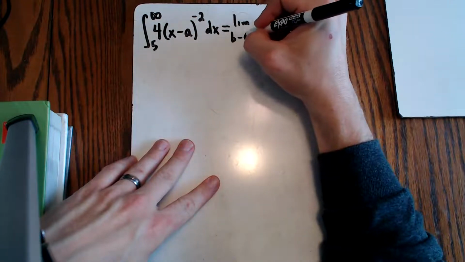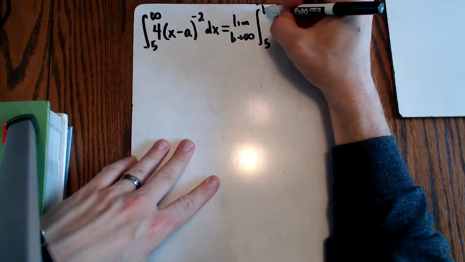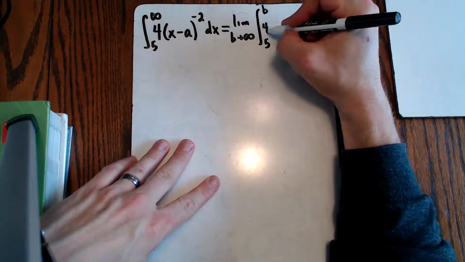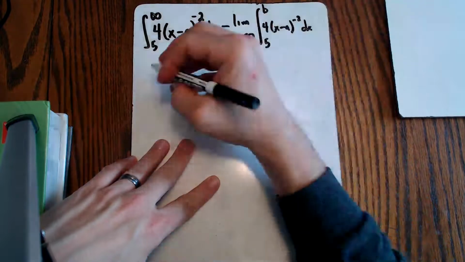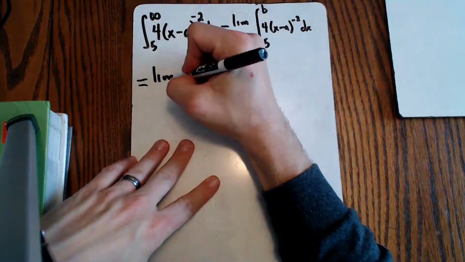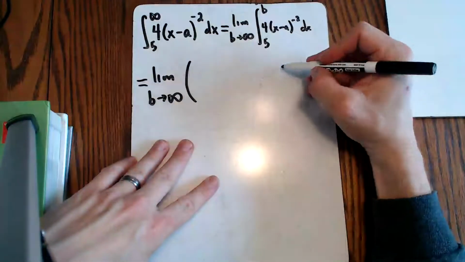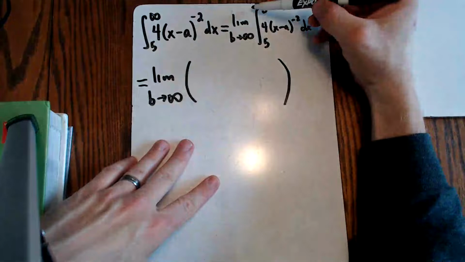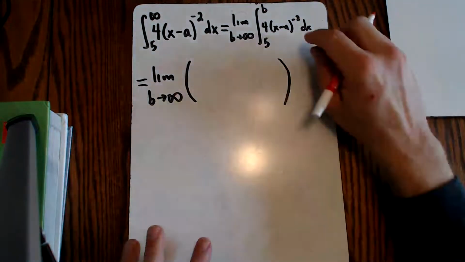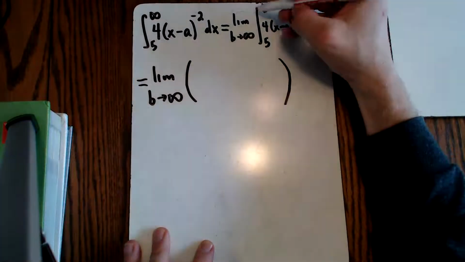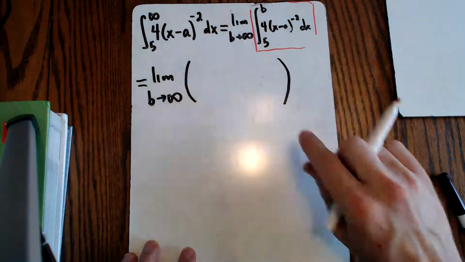So the limit as b goes to infinity of the integral from 5 to b of 4 times (x minus a) to the negative 2 dx equals the limit as b goes to infinity of, and the idea is now this integral, when I go do it, I'm going to bring back an expression that goes right here.